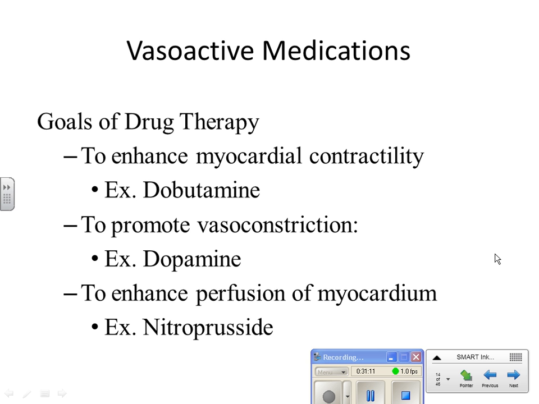So that's going to be our dopamine, because dopamine is going to improve vasoconstriction. So we're giving dobutamine to help the heart pump better. We're giving dopamine to constrict the blood vessels and maintain an adequate blood pressure, because if we don't have adequate blood pressure, the tissues can't perfuse. So we've got two drugs kind of fighting against each other.